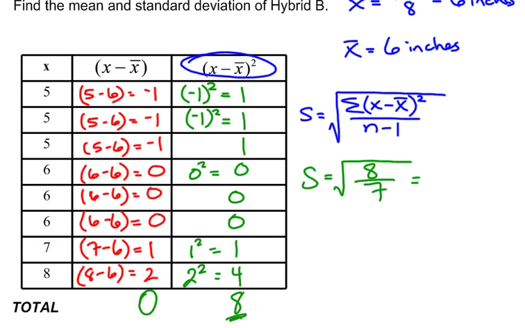And 8 divided by 7 is going to be somewhere around 1.14286, I believe. So when we take that square root, we're going to get something that tells us that S is approximately 1.07 inches.